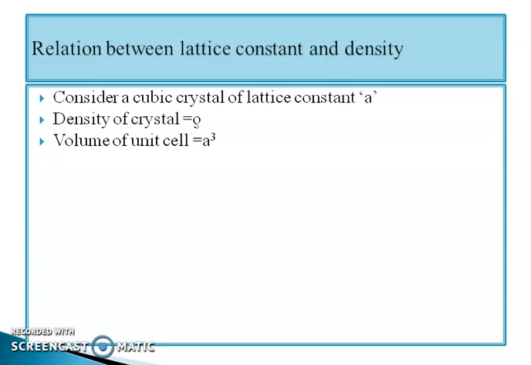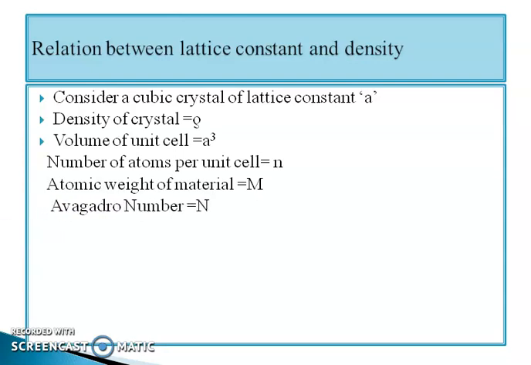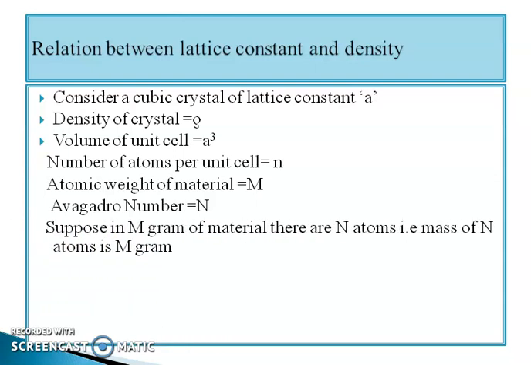density of crystal rho. Therefore, the volume of the unit cell, as it is cubic in structure, is a cube. Let the number of atoms per unit cell be small n, the atomic weight of the material capital M, and the Avogadro number capital N. Suppose M gram of material contains N atoms, that is, the mass of N atoms is M gram.